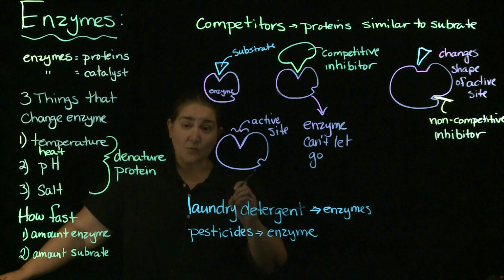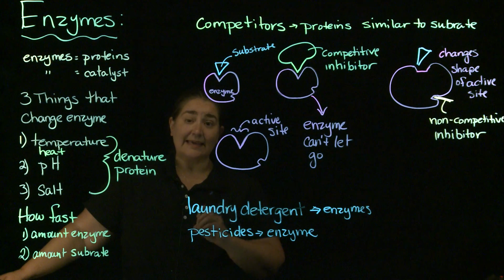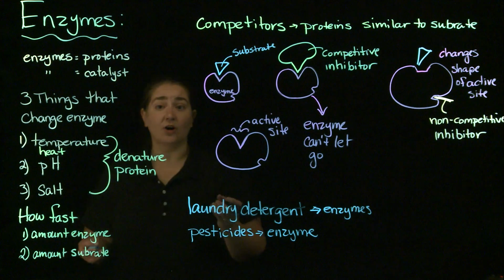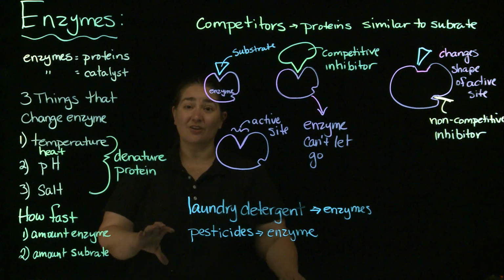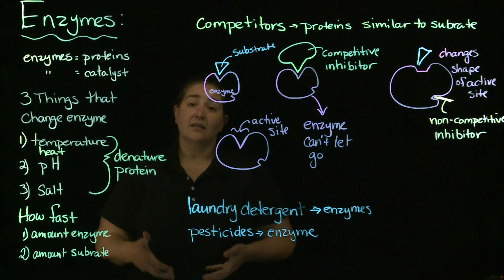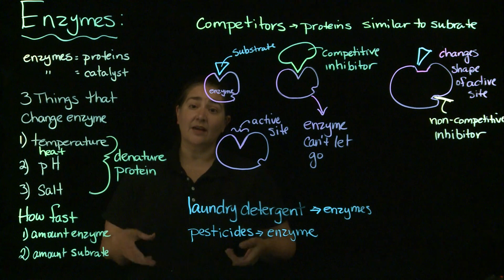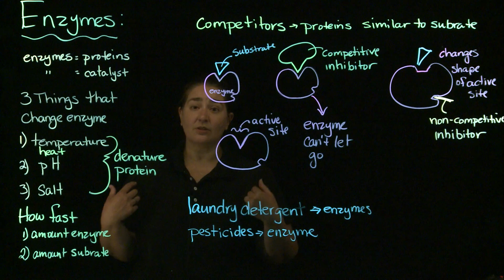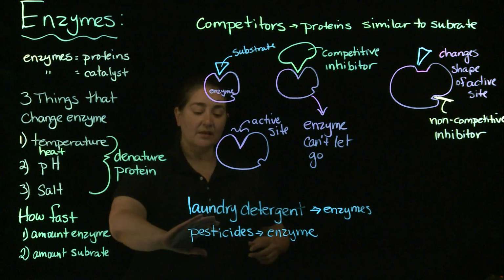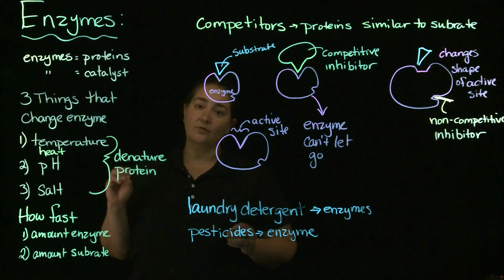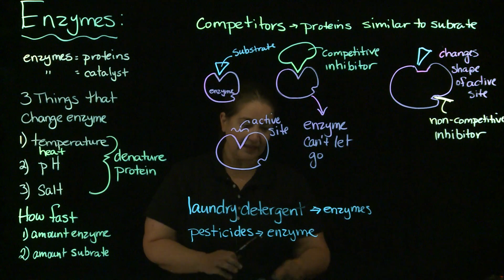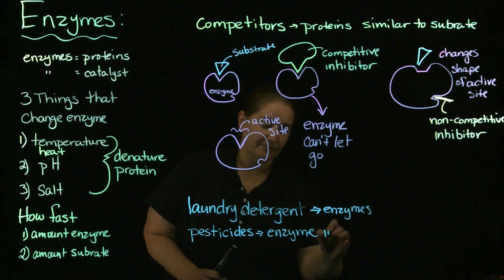And that's why pesticides can be harmful to your cat or your dog. Because if your cat or your dog goes over and messes with where you sprayed that pesticide, they can ingest some of that enzyme and it's going to shut down their cells instead of the insect cells. Okay? So pesticides typically are going to be enzymes, or more likely, enzyme inhibitors.